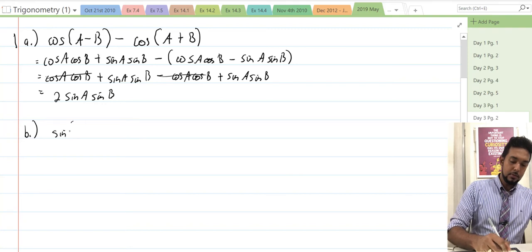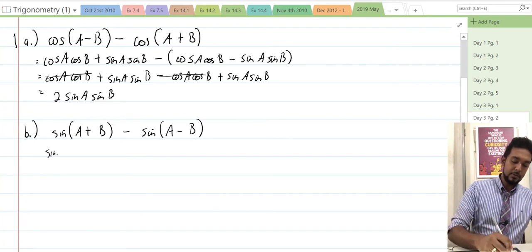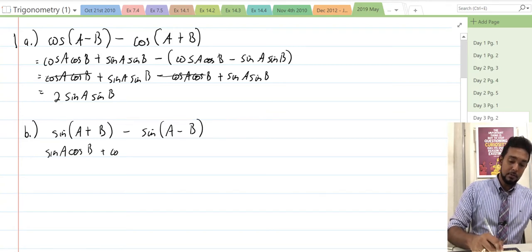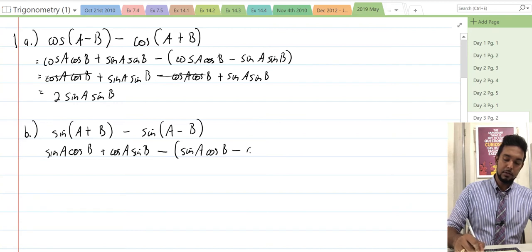Alright, so sine of a plus b minus sine of a minus b. This is just to get you all familiar with the expansions by making you write it out. So sine a cos b plus cos a sine b minus sine a cos b minus cos a sine b.